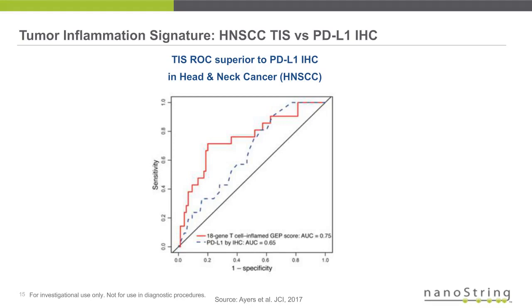And those results from each of those tests were then compared to the clinical benefit that was observed for those patients. And what you can see here is that the tumor inflammation signature has better predictive power than the PD-1 assay. It actually has higher sensitivity in this test. And the area under the curve is greater, suggesting that it has the greater predictive power and is better able to identify patients that will respond.